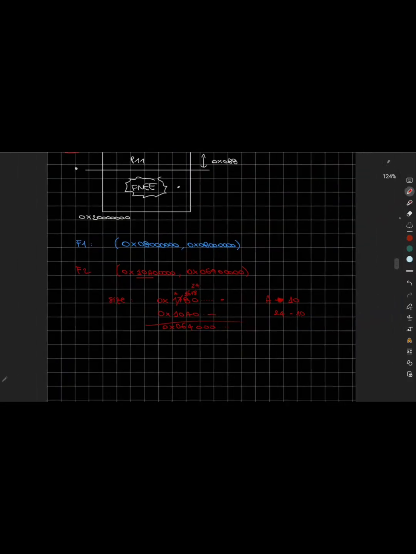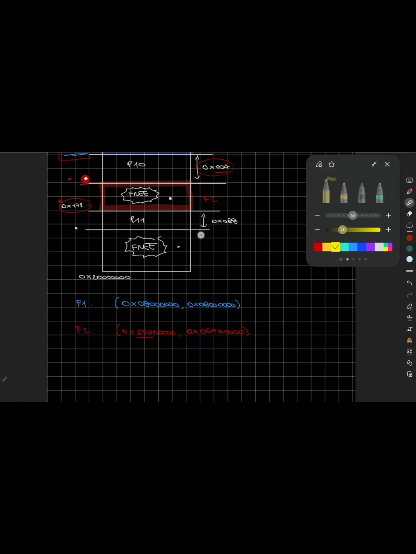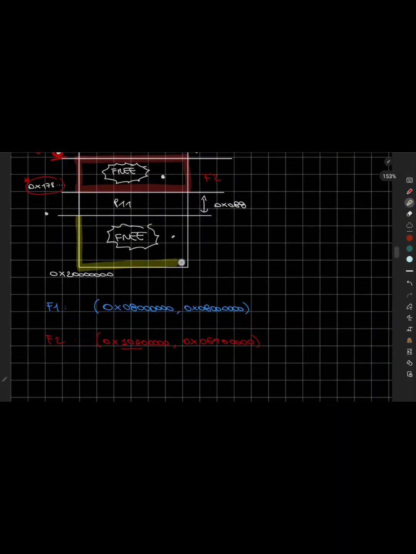All right. I still have to calculate the information of the very last free block. Let's call it F3.